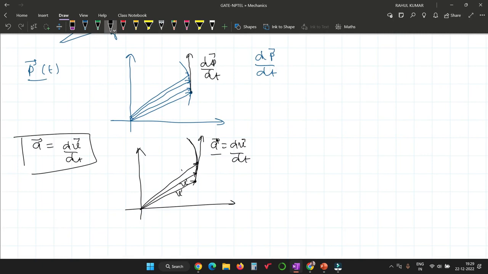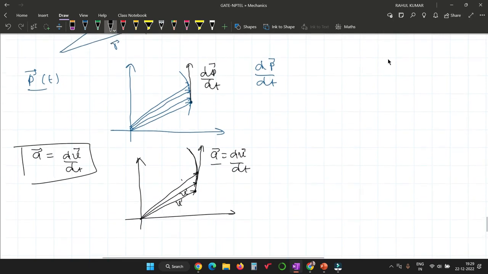I already told you that if we want to determine the direction of dp by dt, then that direction is nothing but the tangent to this curve, and I am saying that this curve is not the path. This curve is nothing but connecting all those vectors at different times.